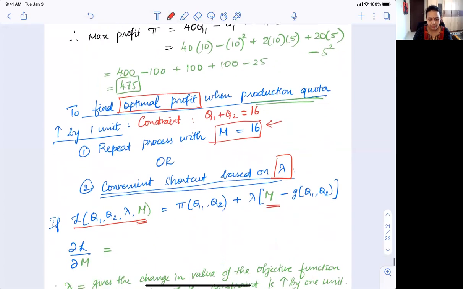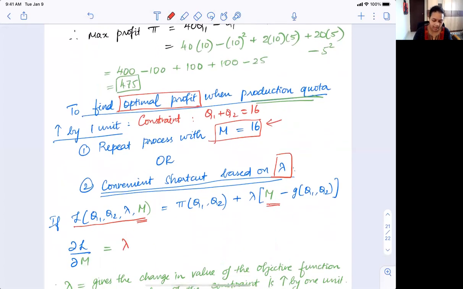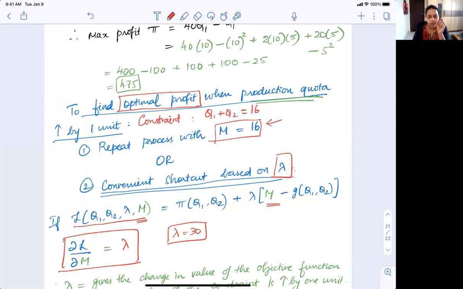And when you do that, you actually just get lambda. And lambda here in this case is 30. So what dou L by dou M is doing is telling you, if your constraint increases by 1 unit, by how much does your objective or the optimal function, whichever one you're evaluating, change?